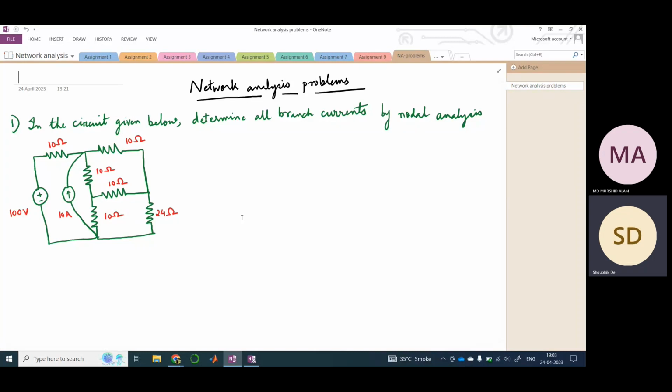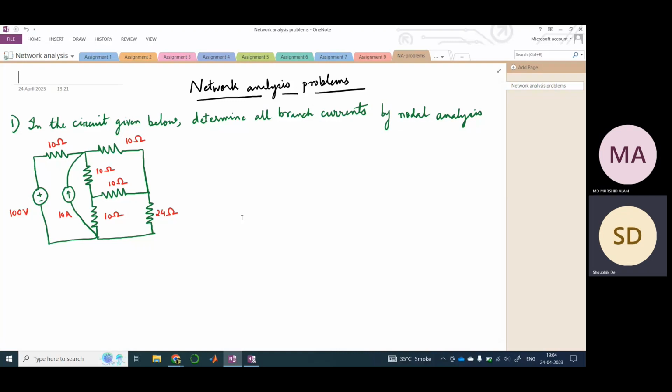So these are some good problems from the whole chapter, more or less. I have picked up the most important chapters out of the whole subject of network analysis, and we'll try to solve them.